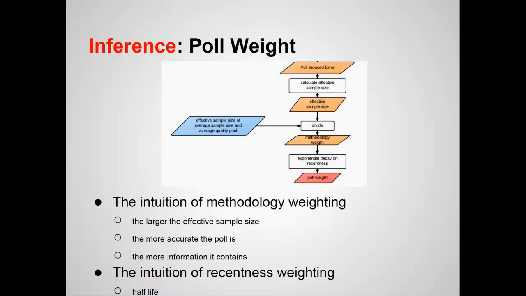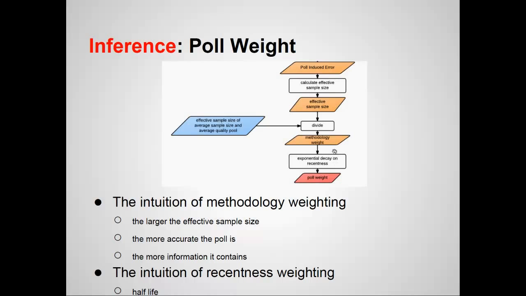And I compare any polls that I have in our database by effective sample size. If the effective sample size is larger than 283, it will have a weight larger than 1. If it is smaller than 283, it will have a weight smaller than 1.